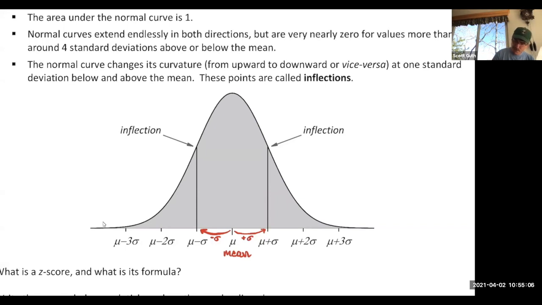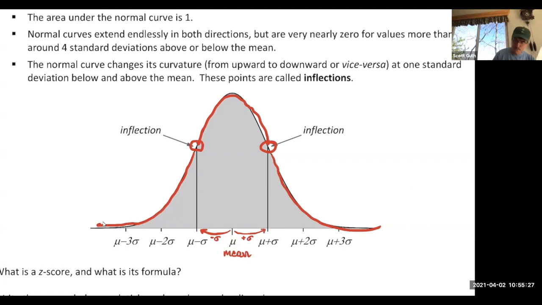Geometrically, an inflection is where the curvature changes from downward, like an upside down bowl, to upward, like a right side up bowl. There are 2 inflections, and the downward curvature is between them.